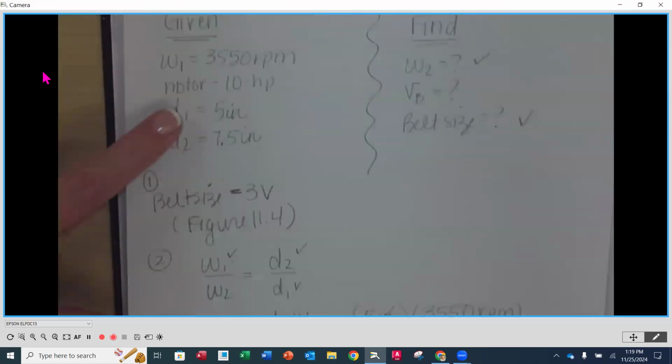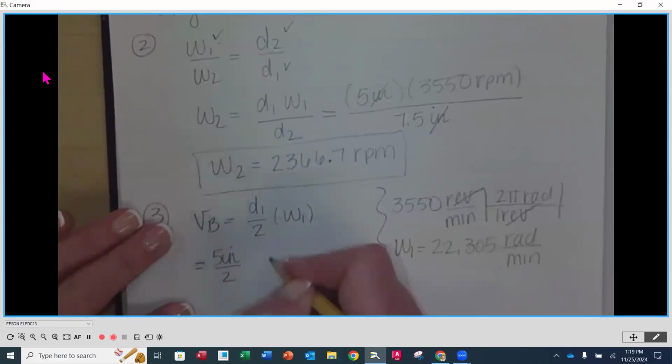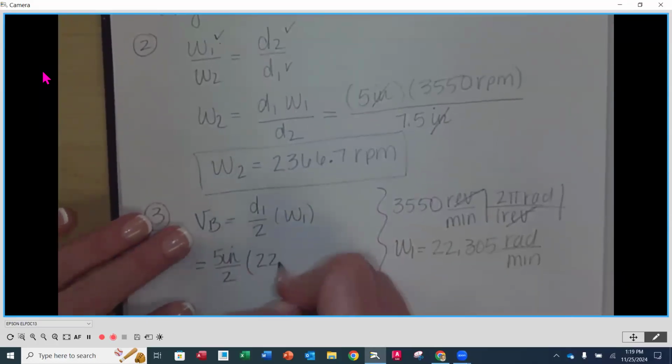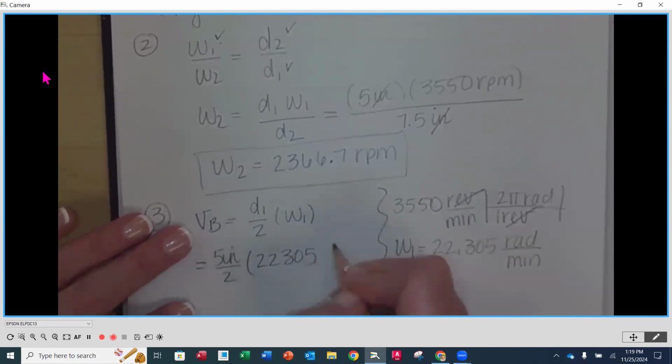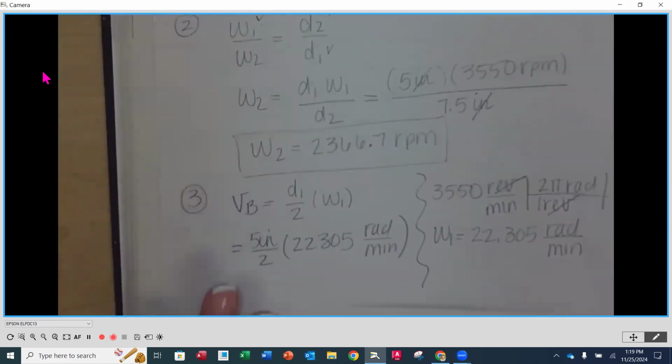We know the diameter number 1 is 5 inches. So 5 inches divided by 2 times 22,305 radians per minute, okay?